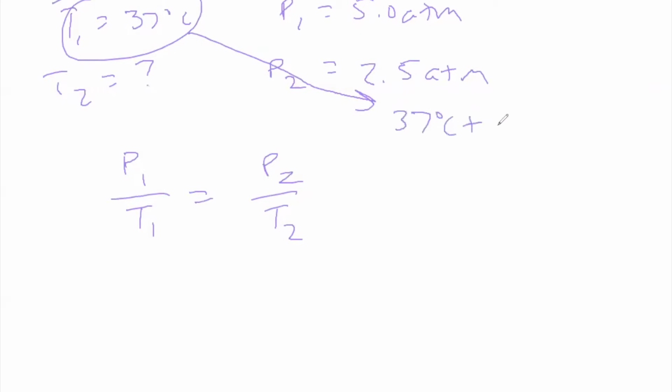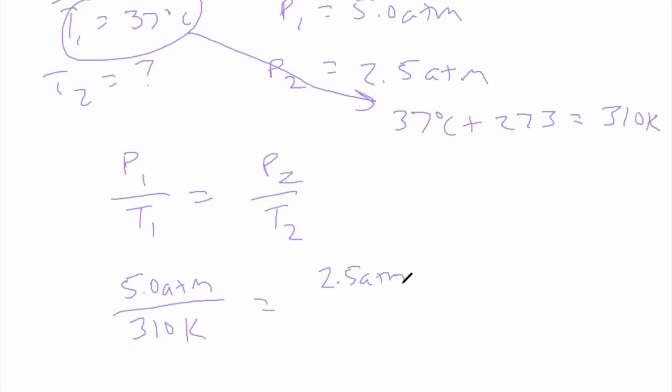And so what we would need to do here would be to convert Celsius into Kelvin by adding 273. So the first step would be to do 37 plus 273 to get Kelvin. And then once we have that, we can solve. So that would give us 310 Kelvin. And now we can put everything in and go from there. So we'd have 5 atmospheres for P1 over 310 Kelvin for T1, P2, 2.5 atmospheres over T2.